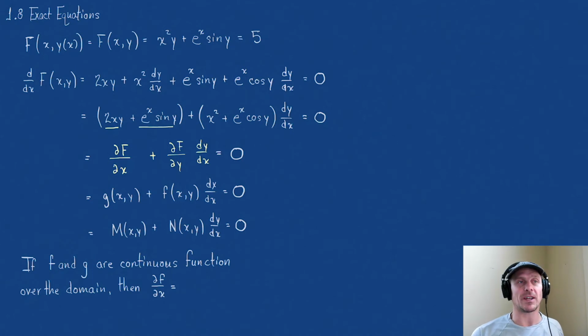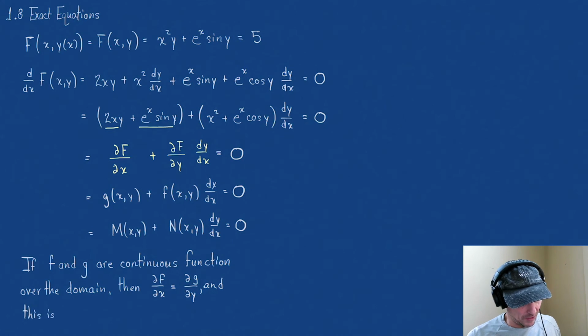Well, g already came from taking the derivative with respect to x. So now we're going to take the partial derivative of g with respect to y. If the partial of f with respect to x is equal to the partial of g with respect to y, then this is called an exact differential equation.